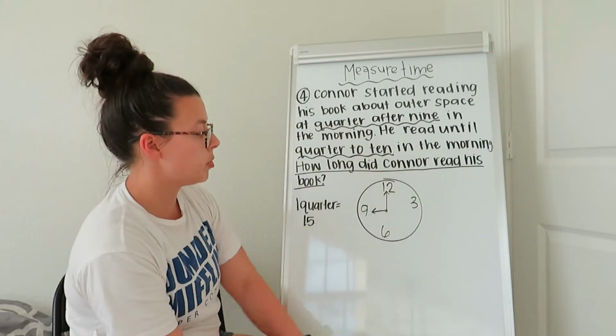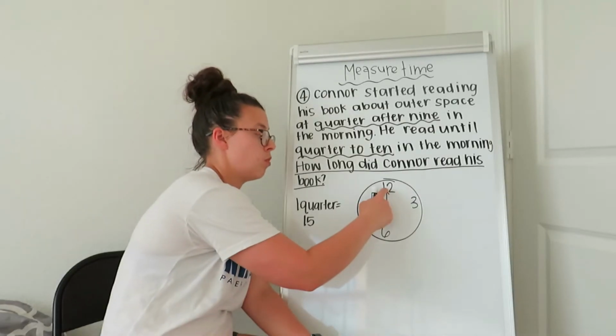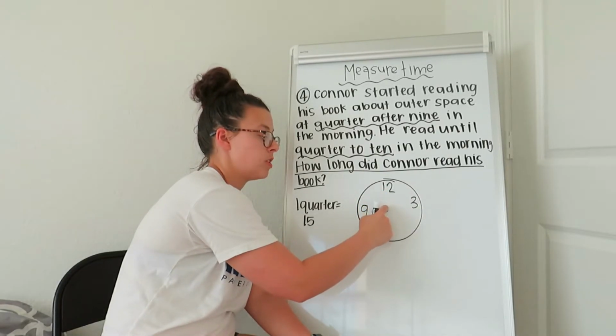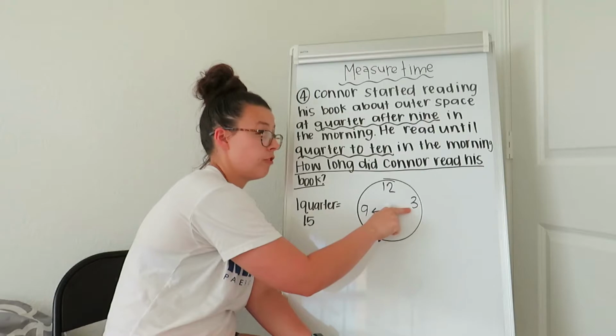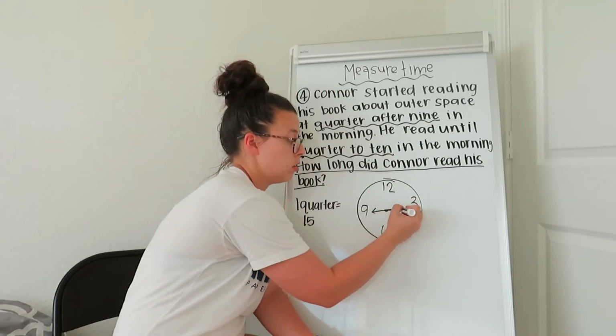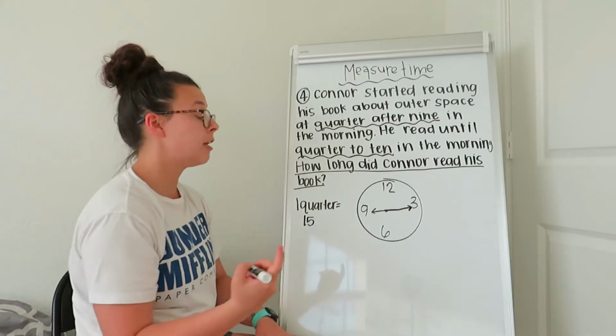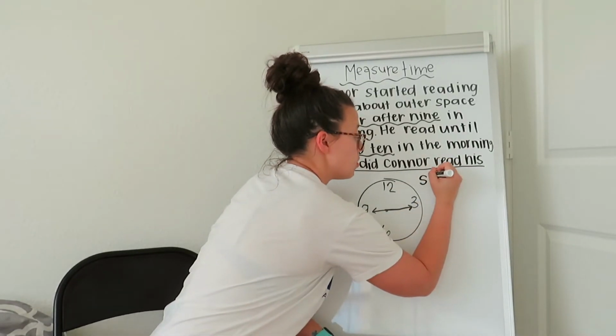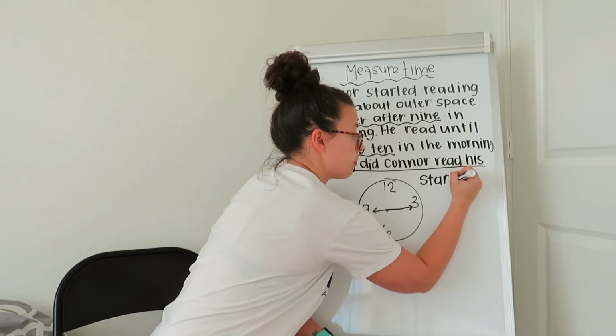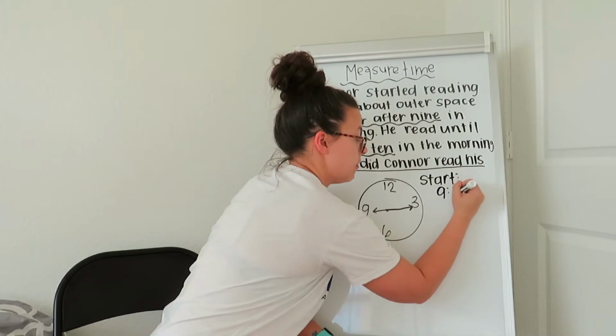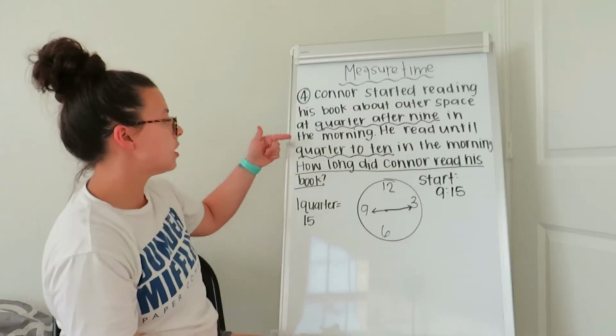We're going to move it up to a 15. Well, if we take our minute hand and move it up to a 15, what time would it be? 9:15. So actually our start time is 9:15.